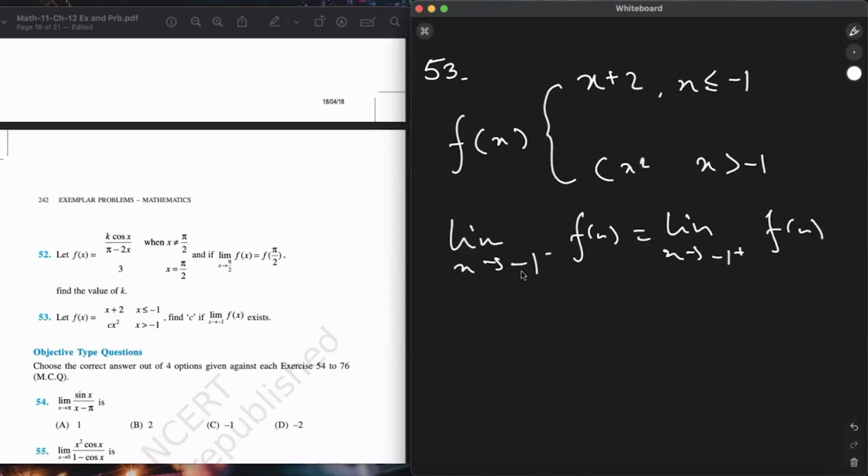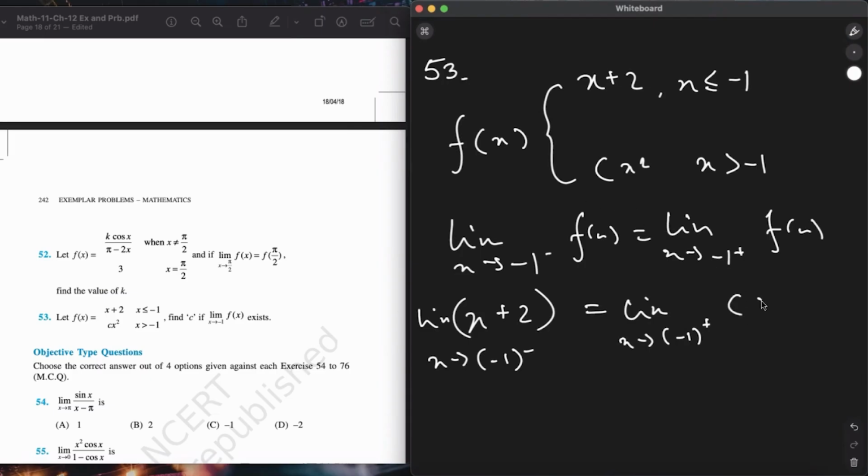Less than minus 1 comes in the minus 1 minus case, where f(x) is x plus 2, and greater than minus 1 is where f(x) is cx square.